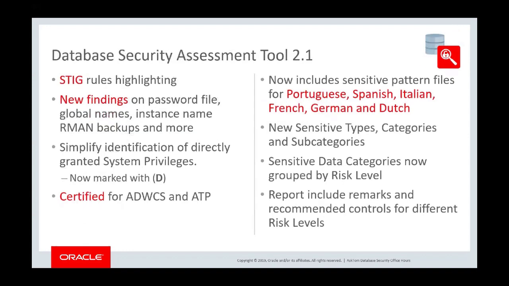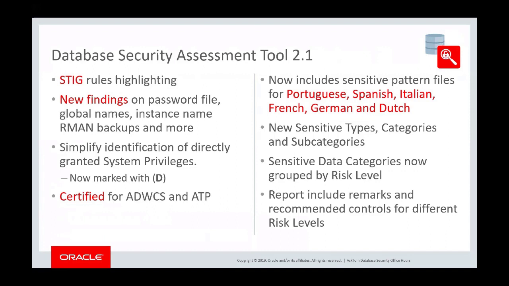We also recently released the Database Security Assessment Tool version 2.1. The big things that you'll find in here is we've added in STIG rule highlighting. So as you're going through your configuration checks in Database Security Assessment Tool, if we find something that is applicable to the Secure Technical Implementation Guides, we will highlight that with a little oval that tells you it's STIG.